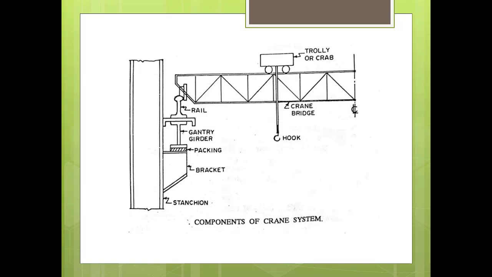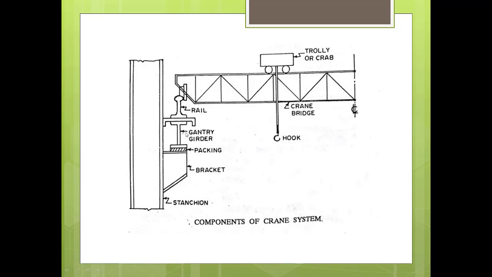Now, as you can see in the diagram, this is the gantry girder, placed on the column or stanchion. The column or stanchion is connected with a bracket. On the top of the bracket, a packing is provided, and on top of the packing, the gantry girder is provided.